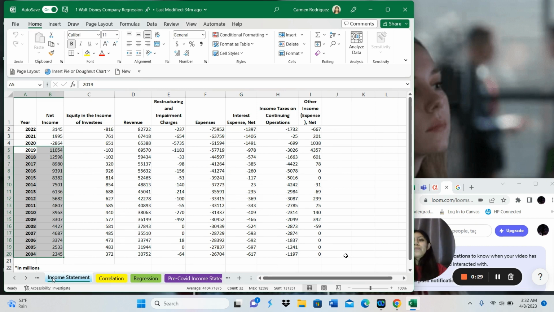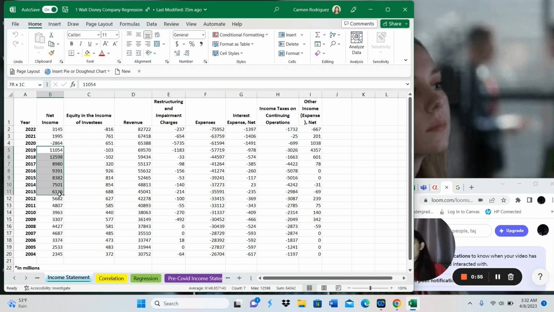As we know, COVID-19 is a systematic risk. It affects the overall market, not just one industry or just one specific company, which is why the net income over the last few years after COVID-19 is different from our regular net income.